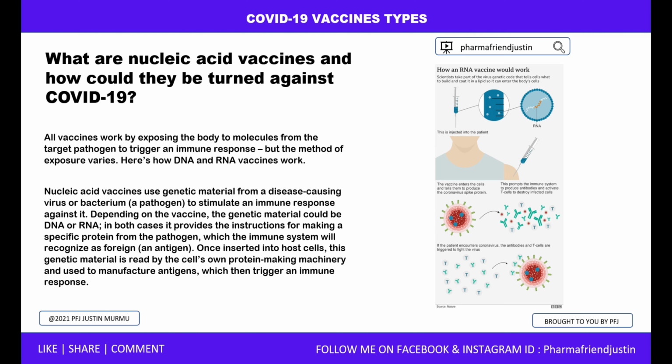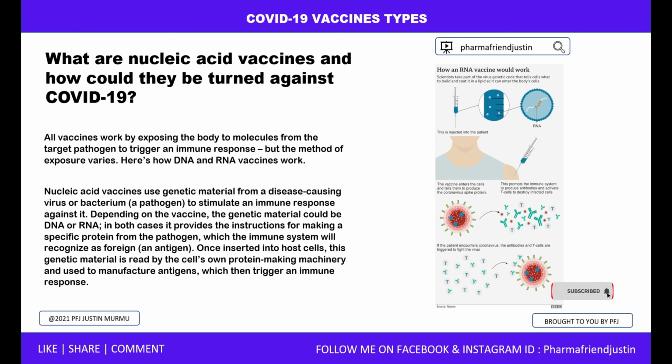Nucleic acid vaccines use genetic material from a disease-causing virus or bacteria, a pathogen, to stimulate an immune response against it. Depending on the vaccine, the genetic material would be DNA or RNA. In both cases, it provides the instruction for making a specific protein from the pathogen which the immune system will recognize as foreign, an antigen.